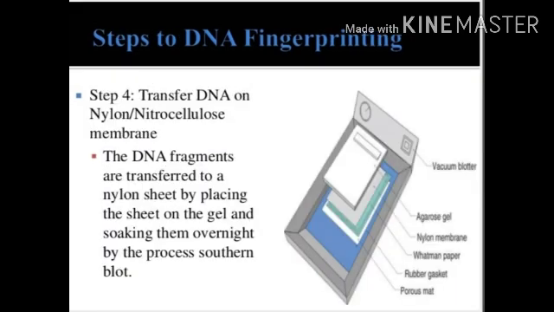After that, the fourth step is the transfer of DNA onto a nylon or nitrocellulose membrane, the blotting technique that I told you about. DNA fragments are transferred to a nylon sheet by placing the sheet on the gel and soaking overnight, by the process of Southern blot.